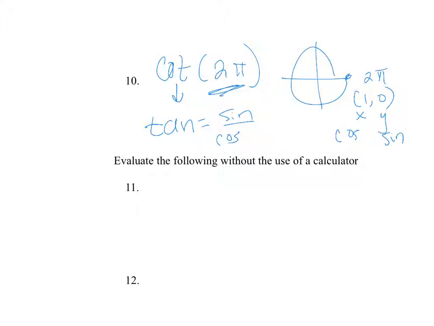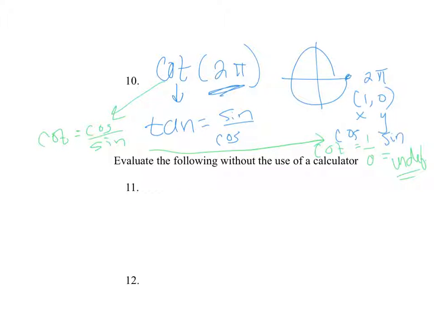So cotan is going to be cos over sine. And if we look over here, the cos value is 1 over sine 0, so it's undefined because you can't have 0 in the denominator.